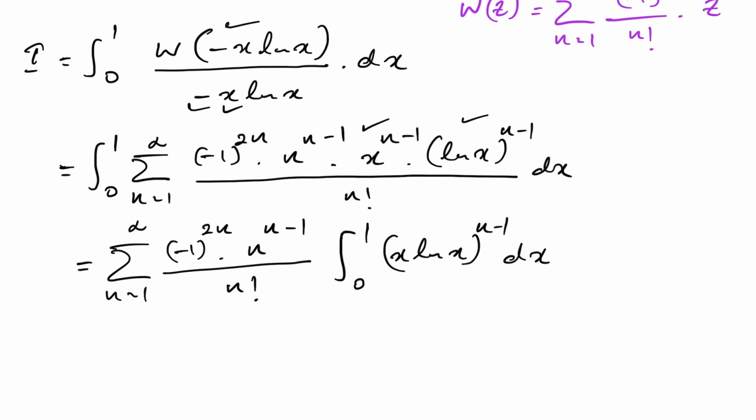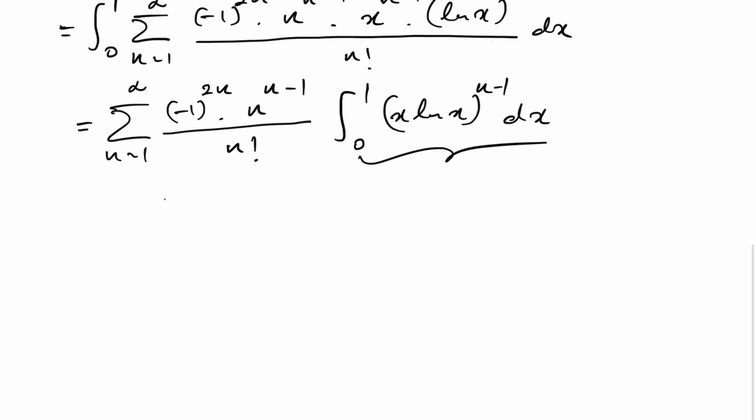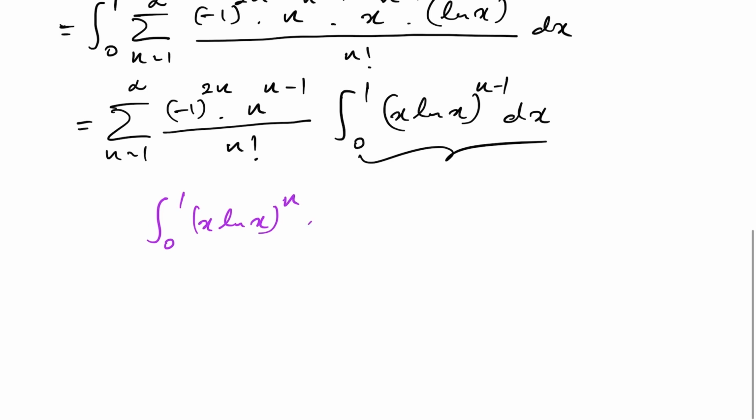This integral we solved in a previous video. So the integral from 0 to 1 of x times natural log of x raised to the n power, dx, is equal to minus 1 to the n times n factorial over n plus 1 raised to the n plus 1.